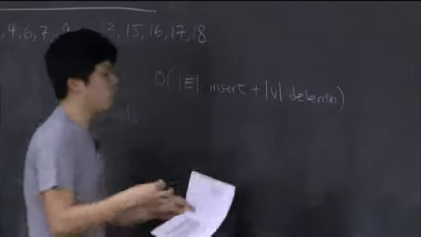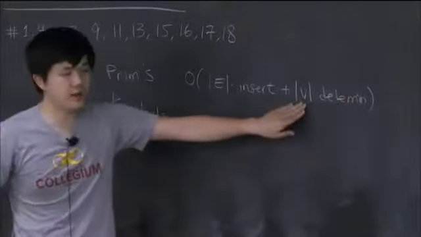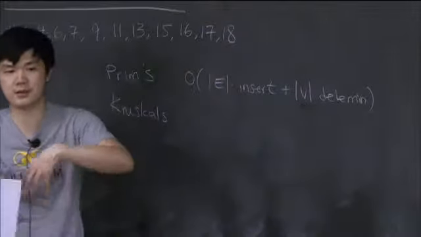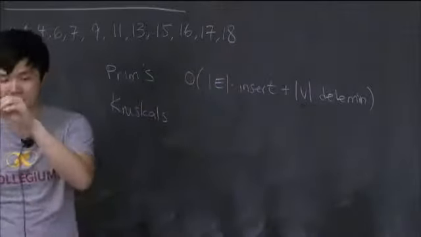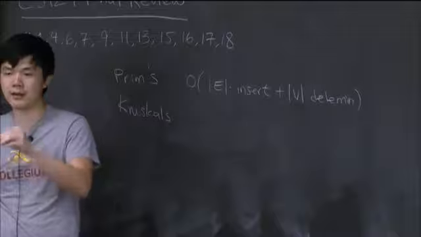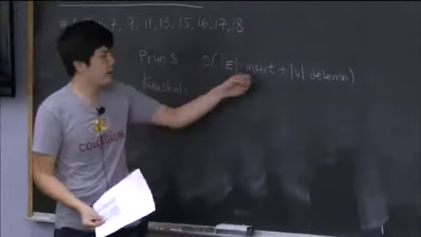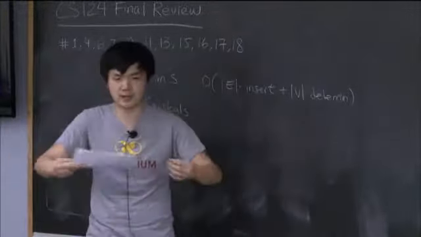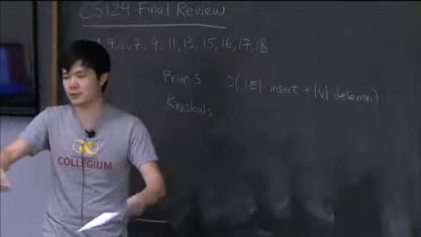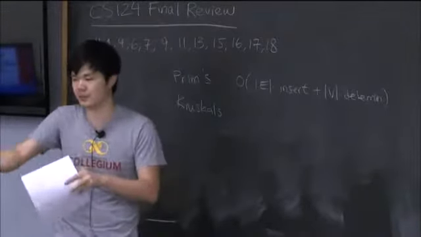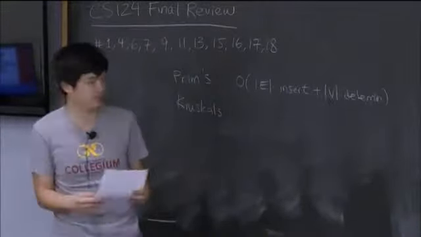Throughout Prim's algorithm, I look at the V vertices, and for each vertex I pop it off the heap once, as in I've connected it to my tree. Then for each edge, I check to see if going through this edge gives me an improved distance to that particular node.